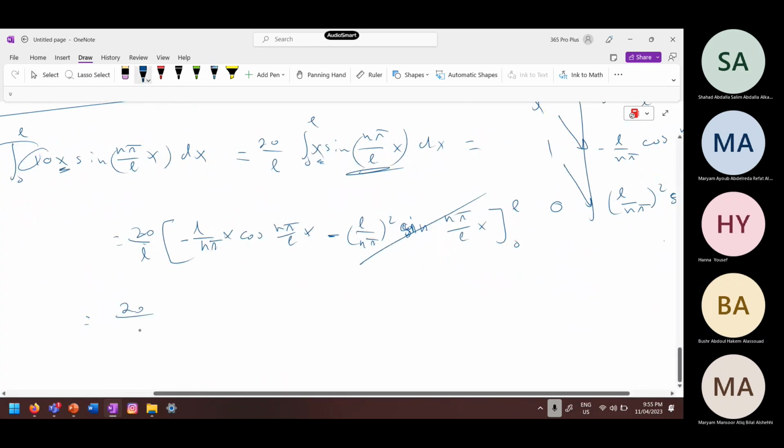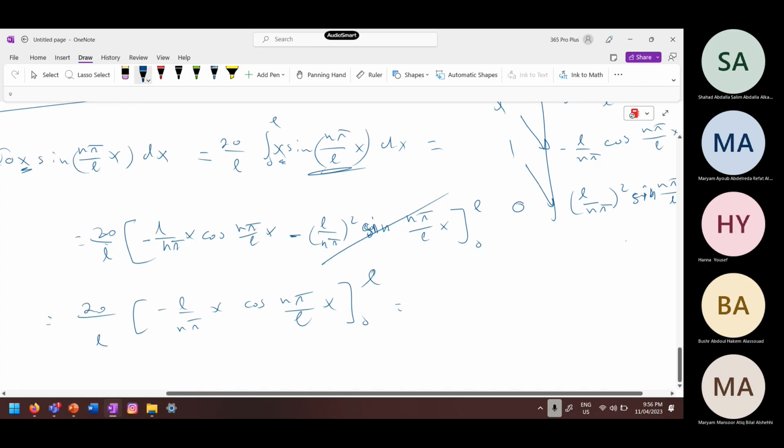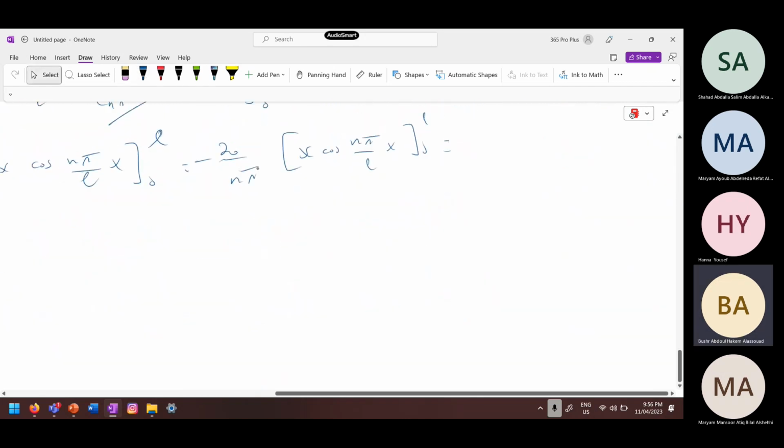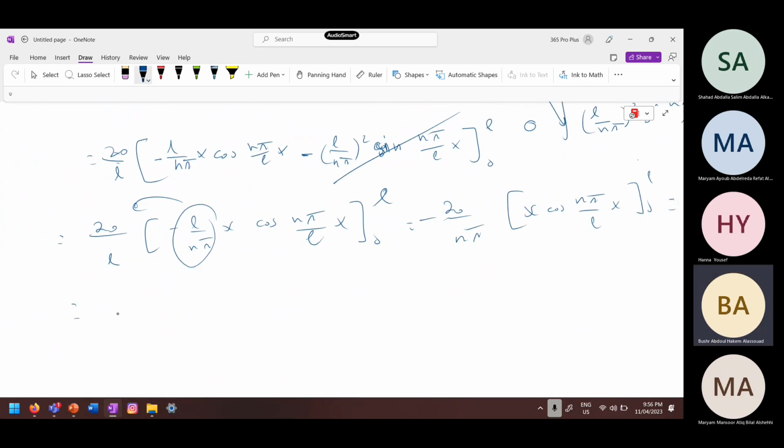the following: 20 over L, negative L over n pi x cosine n pi over L x, 0 to L. Now take this outside and you will get 20 over n pi negative x cosine n pi over L x, 0 to L. Now substitute the value of L and 0, the interval of the integration, and you will get 20 over n pi, L cosine n pi minus 0.